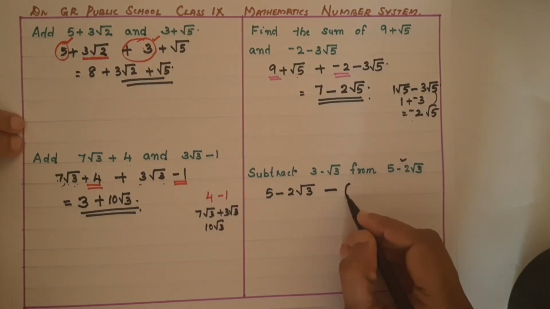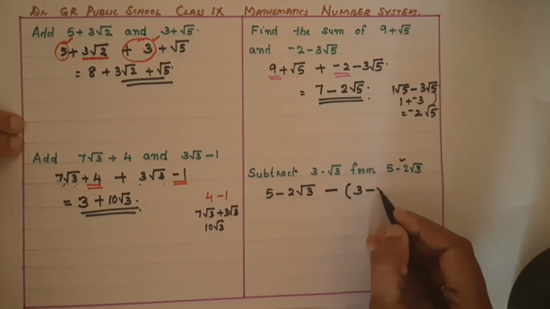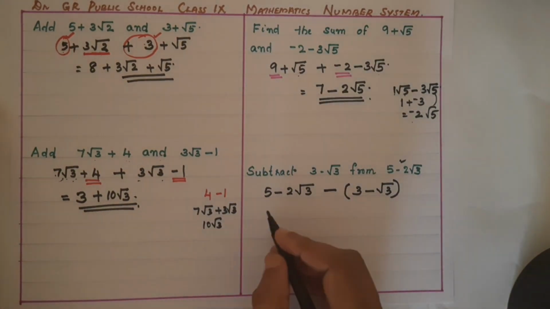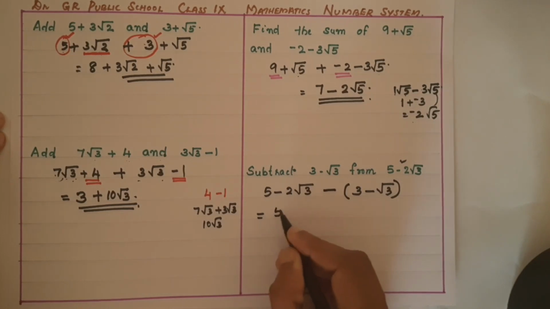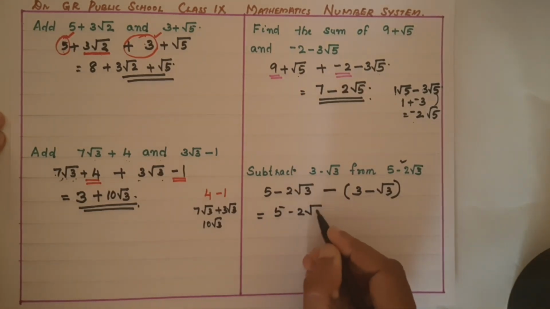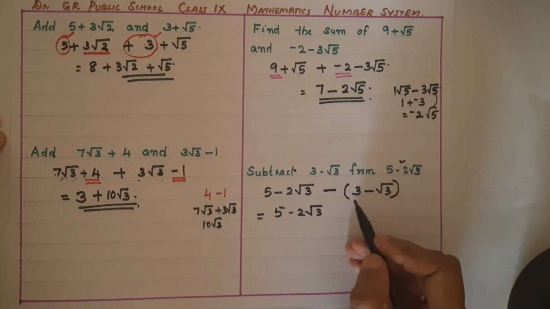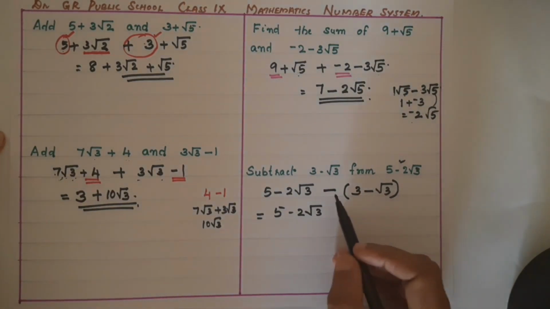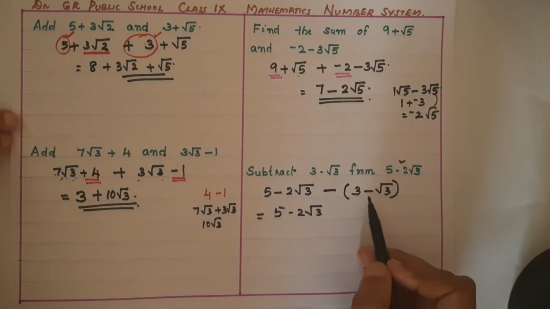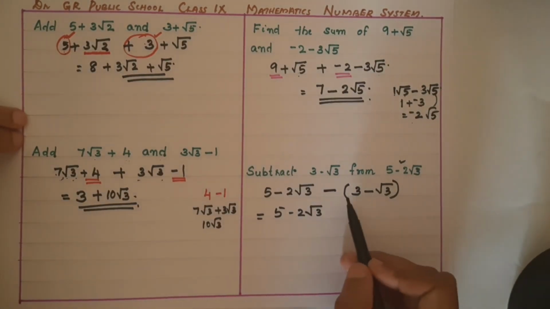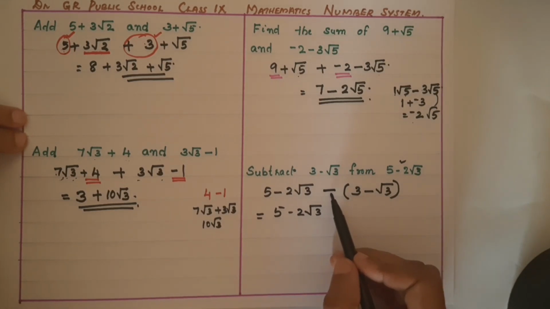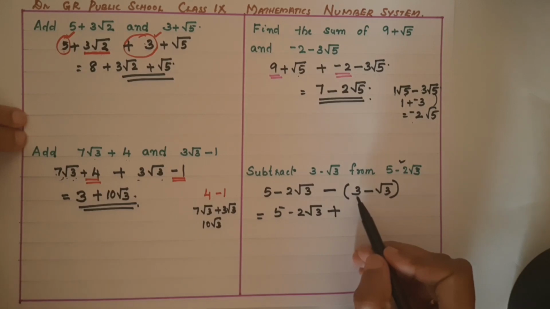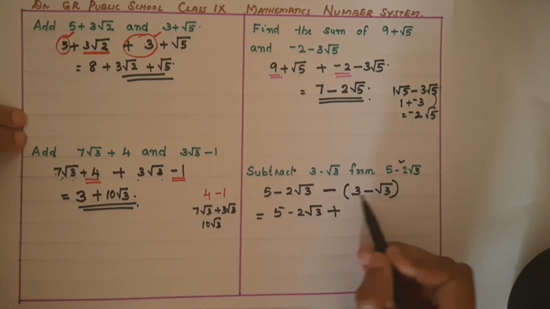So I am putting the bracket here, 3 minus root 3. Okay. Now we have to remove the bracket. So 5 minus 2 root 3. And here also we are applying the same rule we used in algebraic expressions. How did you subtract one expression from another expression? Here we have to change the subtraction to addition by taking the additive inverse of each term.